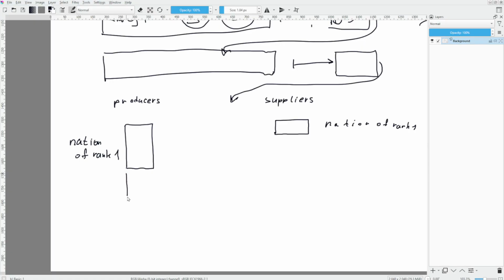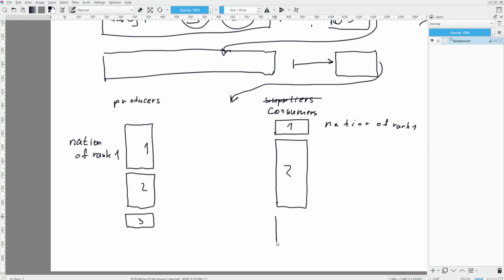Then you have nation 2 of rank 2, which produces another amount and supplies, let's say, not suppliers, of course, but consumers. Here you have a nation of rank 2, a nation of rank 3, and so on, so on, so on.